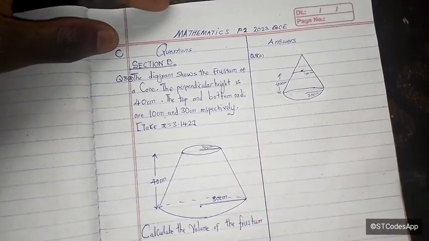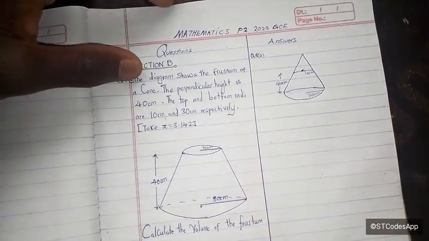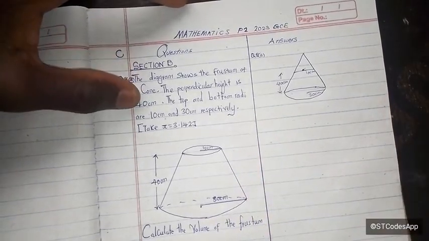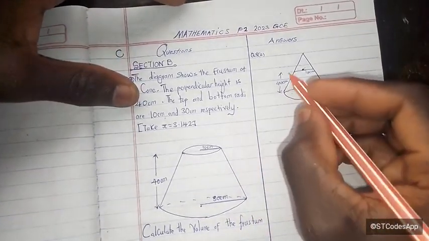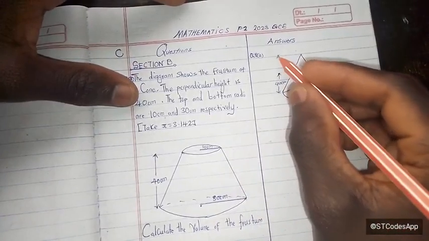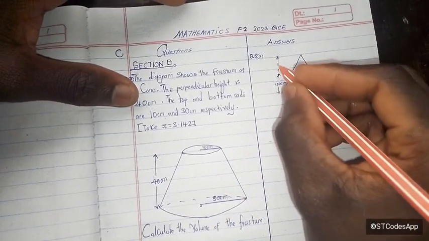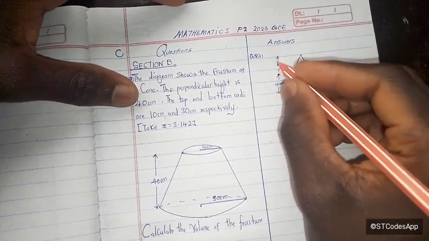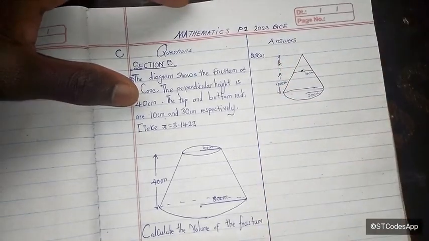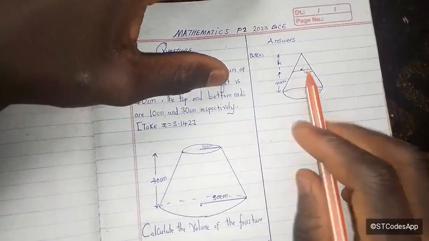The first thing you need to do is find the full height of the full cone. From this point up to this point we don't know the height, so I'm going to put a variable h to represent it.